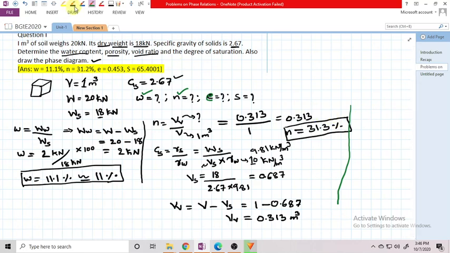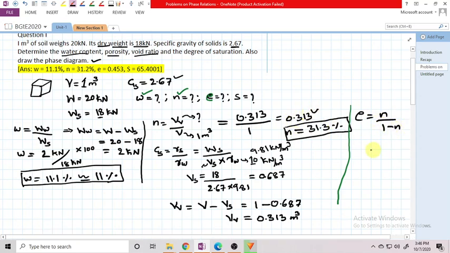Since n is already calculated, whenever you put values in the formula you have to use decimal; only when expressing the result do you put it in percentage. So e equals 0.313 divided by 1 minus 0.313, so e equals 0.456. So this is the voids ratio.